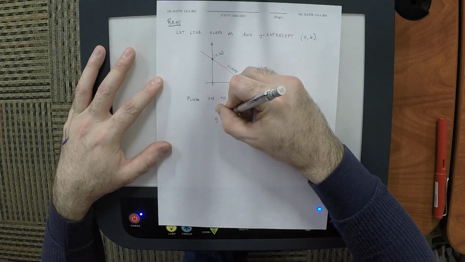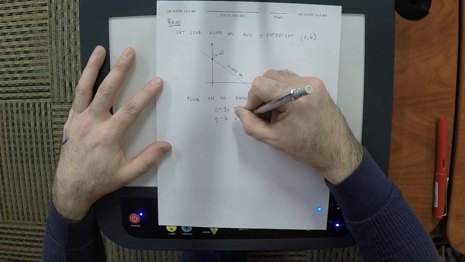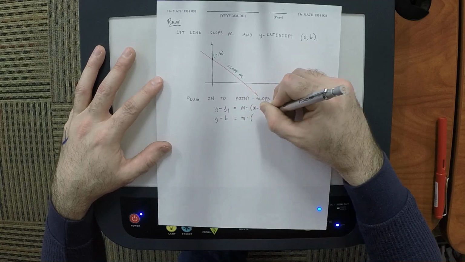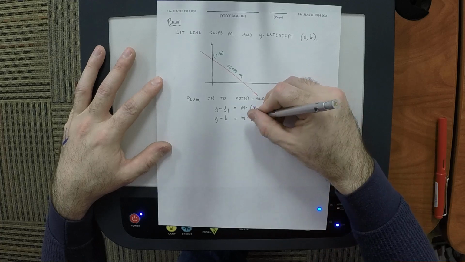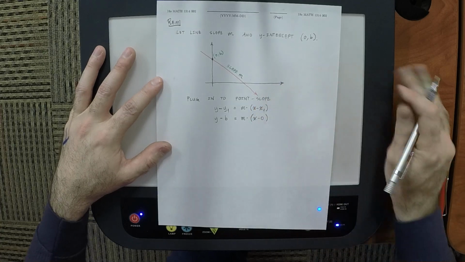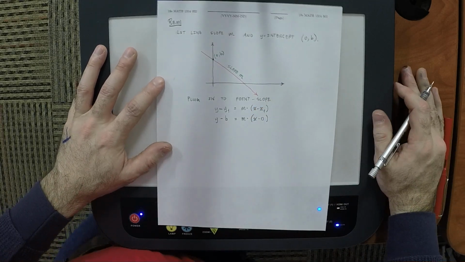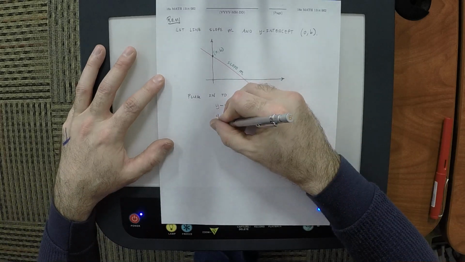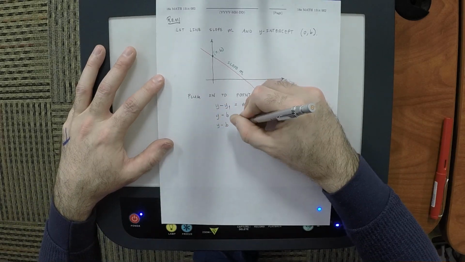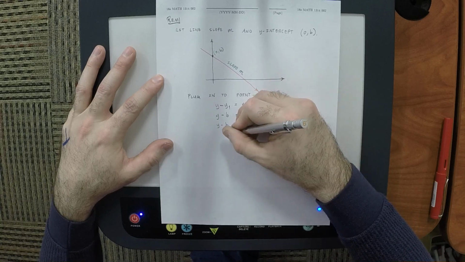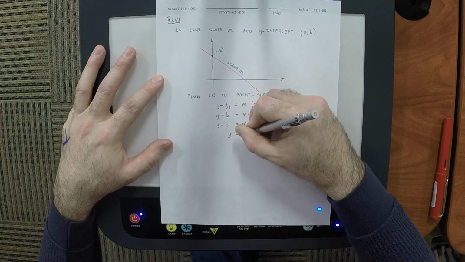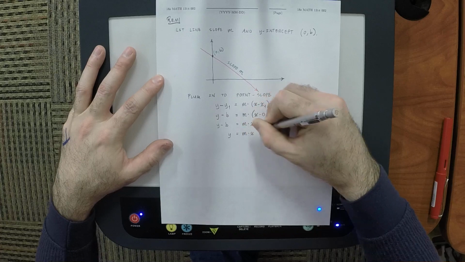Y minus b is equal to m multiplied by, what do I need to put in here? X minus 0. Okay, well, x minus 0 is the same as x. So this would be y minus b is m multiplied by x. And so then we can move the b over and get y as m times x plus b.